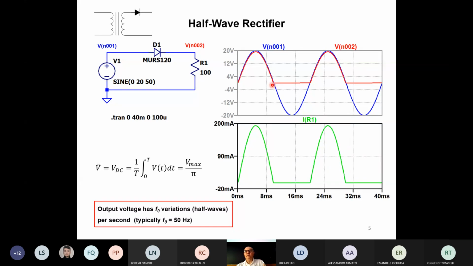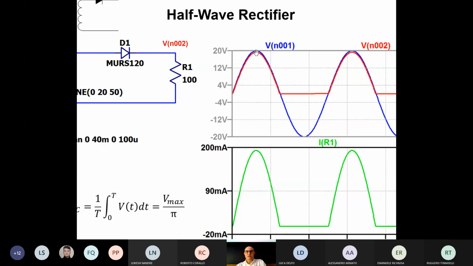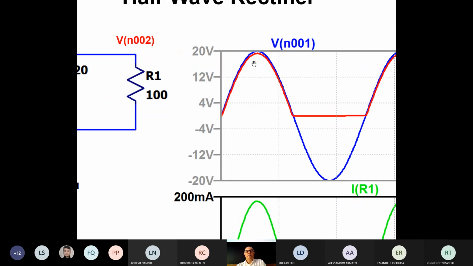But when the half wave becomes negative, the diode opens, and so we have 0 voltage at the output. So the resistance will see only the positive half waves, and 0 during the negative half waves. If you look very carefully, you see here there is a small difference between the blue and the red.